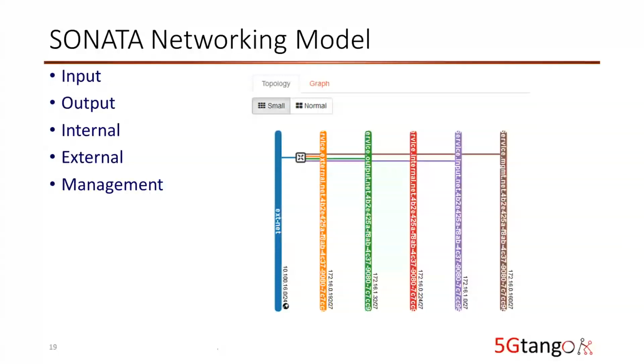Okay, as you can see here in the picture, all the networks are routed by one router, and all the networks have internet access.